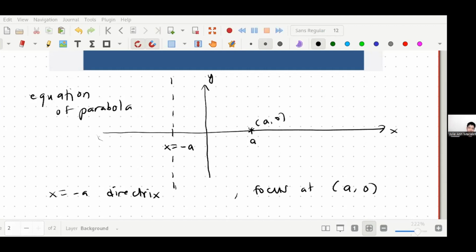Opo. Okay, so pwedeng pagtapos ka ng i-set up yan, patingin nung equation mo. So x equals negative a at a, 0 yung focus. What's the equation of this parabola?